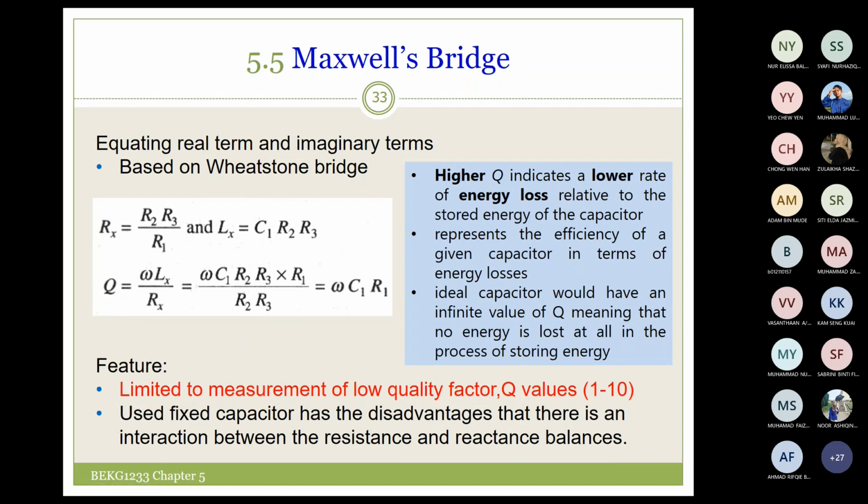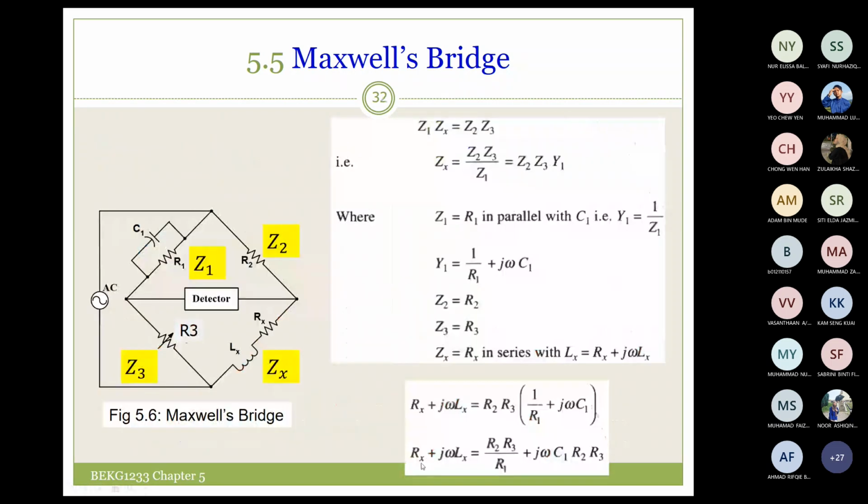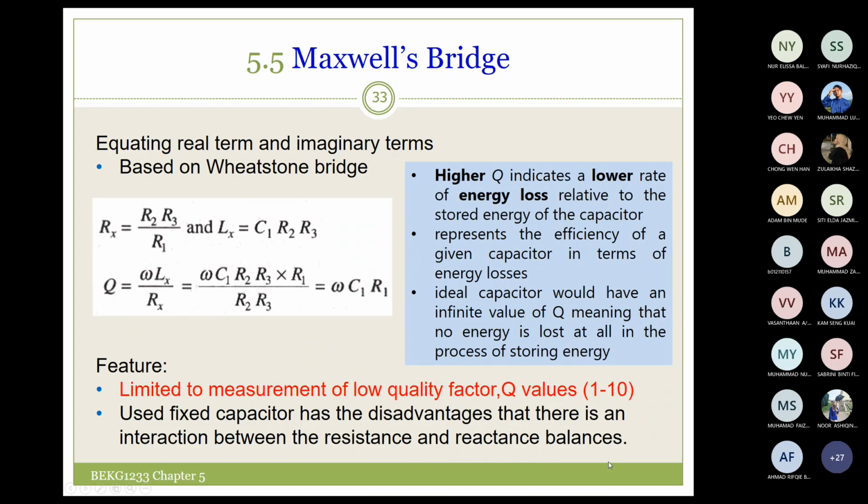Okay, so after we get Rx plus j omega Lx equal to R2 R3 over R1 plus j omega C1 R2 R3, we can make an equation between the real term and the imaginary term. Based on the Wheatstone bridge, we can define which one is the real term and which is the imaginary term.